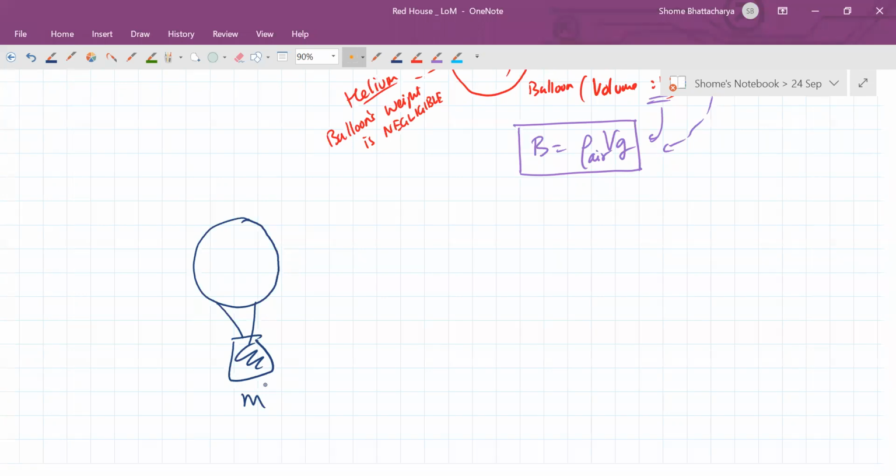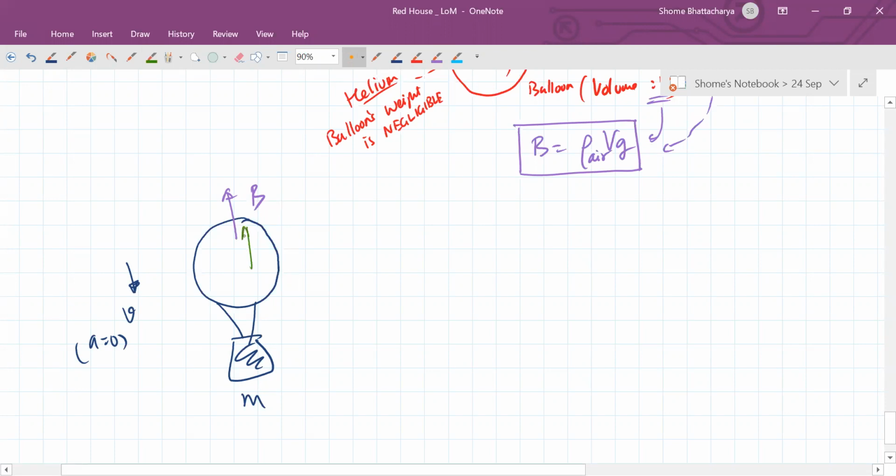There is also an air resistance force, which acts opposite to the direction of velocity. So it's falling down with a velocity v, but its acceleration is 0, because there is a combination of three forces. One, there is buoyant force. The other, there is also air resistance.